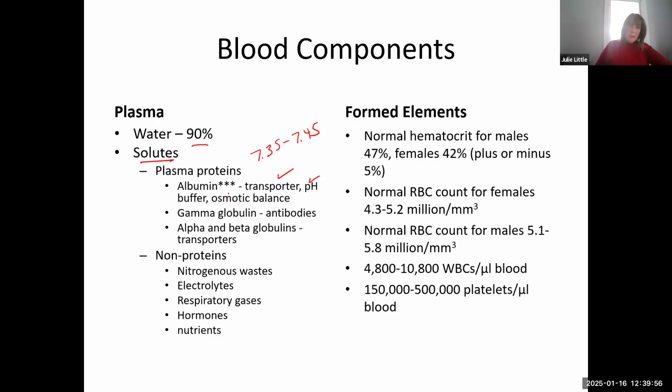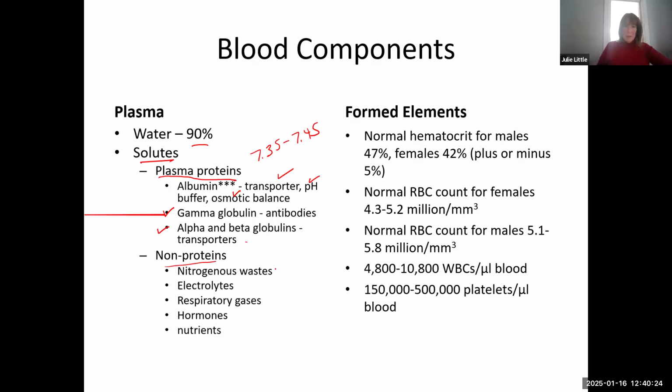And osmotic balance means it holds the water in the blood, so not too much of it goes out into the tissues. The other plasma proteins would be the alpha and the beta globulins that transport nutrients and hormones through the blood. And the gamma globulins are actual antibodies, which we cover later in the lecture. Some non-proteins: the plasma solutes I just described are classified as proteins.